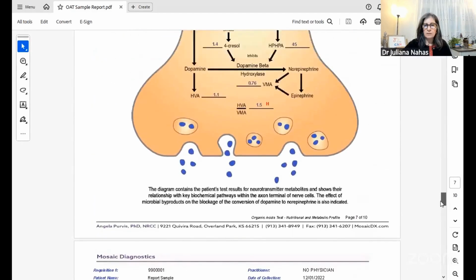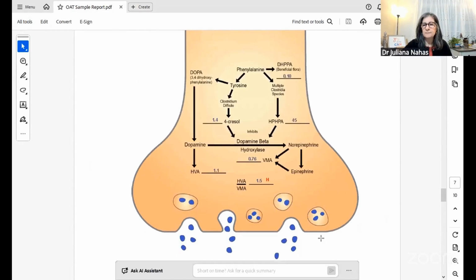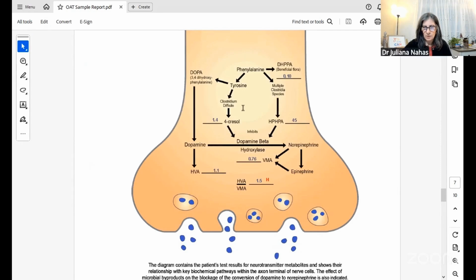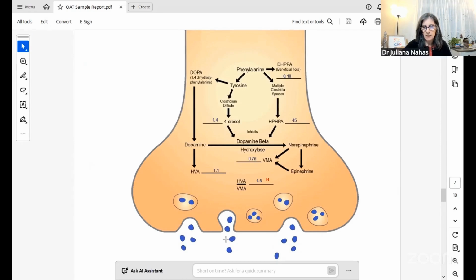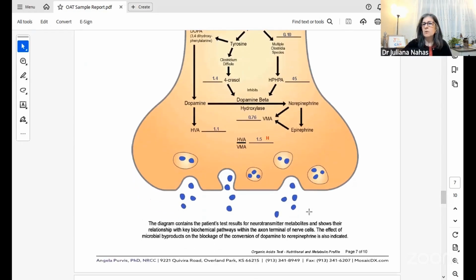Now, I wanted to actually explain something. When we give somebody Concerta or Adderall, what we're doing is we're blocking the reuptake. You see these vesicles here? Of course, they're supposed to be emitted downward to the next neuron to communicate. But what we're doing with the drugs is actually trapping these dopamine molecules in the space between the two neurons.